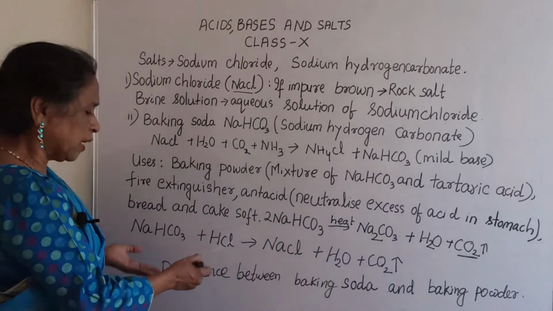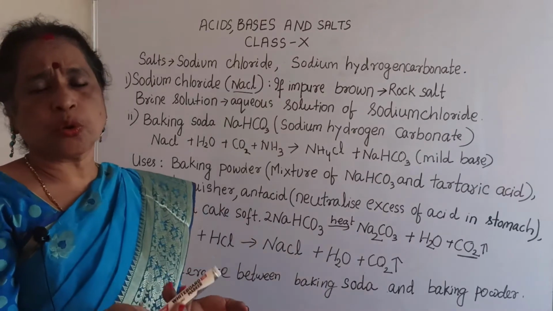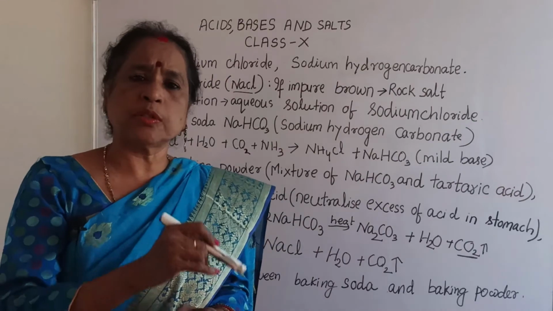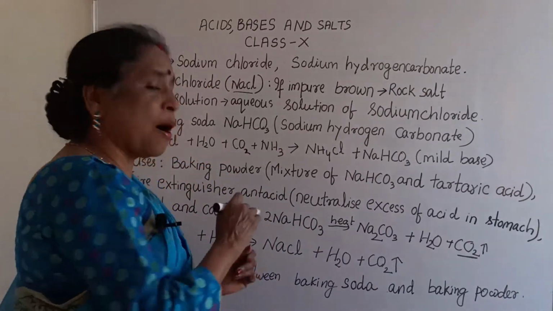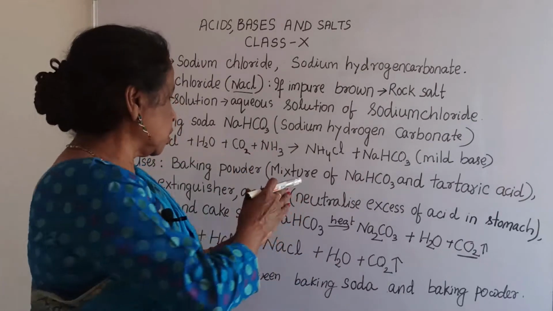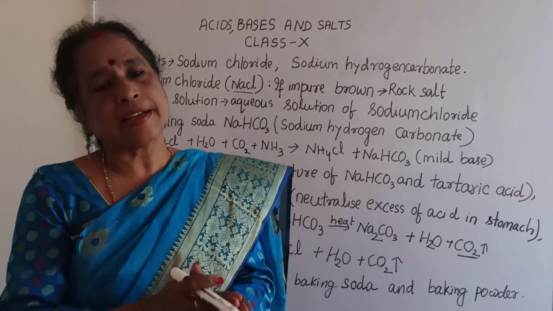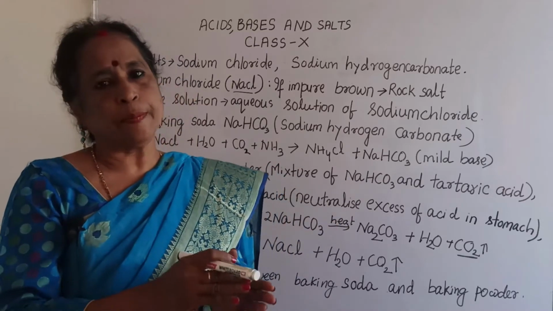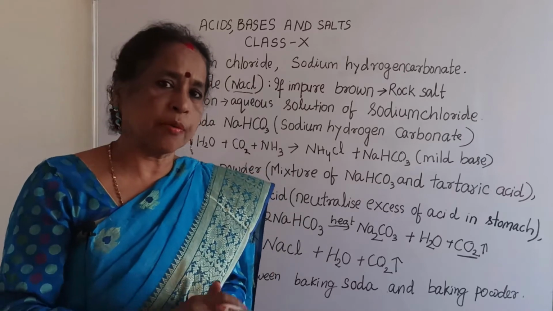Then come to the main difference between baking soda and baking powder. Baking soda is sodium hydrogen carbonate, and baking powder is a mixture of sodium hydrogen carbonate and tartaric acid, which is very useful in the preparation of bread and cake.